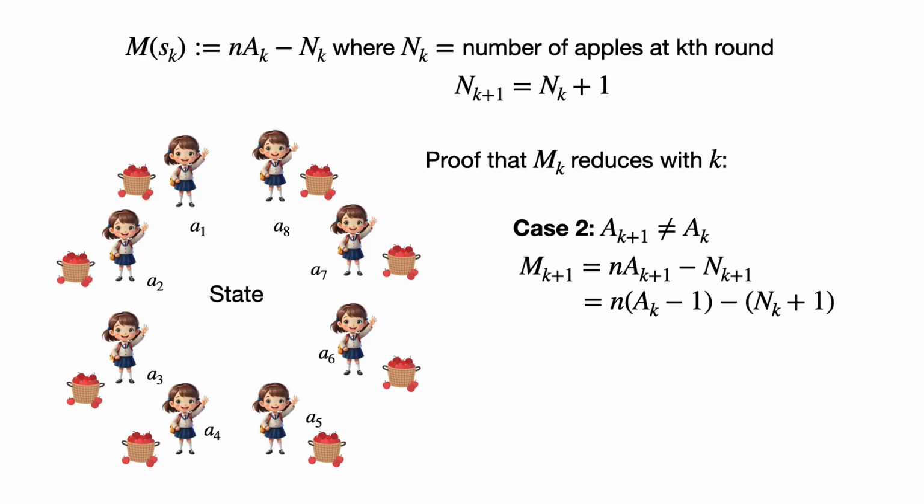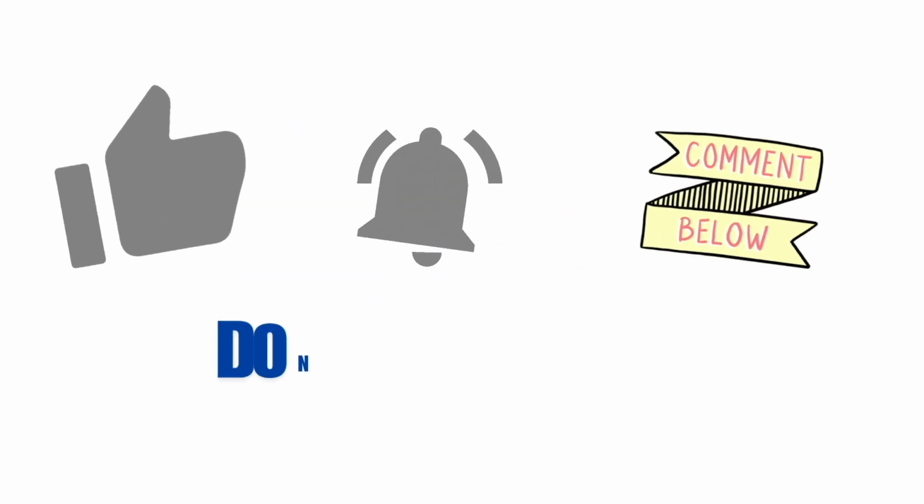A_{k+1} equals A_k minus 1. And the total number of apples anyway increases by 1. So if you do the algebra, you see it's M_k minus n minus 1. Definitely M_{k+1} has reduced. So we proved that in both cases, M_{k+1} has reduced. In other words, this number M is indeed a monovariant, and we are done. Therefore, the teacher must stop after a finite number of moves, and that's the end of the problem.